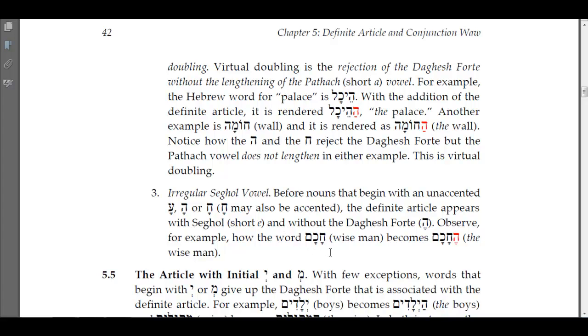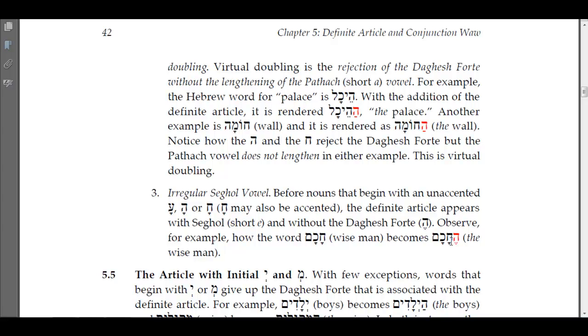Let's look at an example here. We have chakam, which is wise man. When we want to say the wise man, we put a hey like we would normally do, but instead of a patak, we put a segol here because this chet with a qamets in an unaccented syllable is the rule right here.